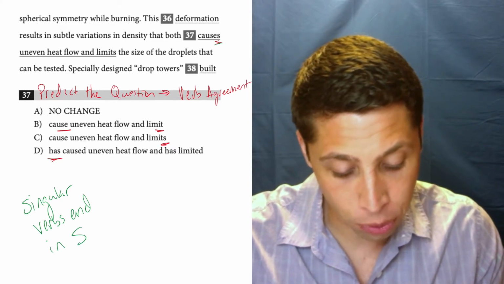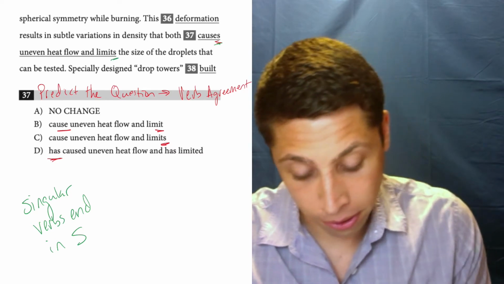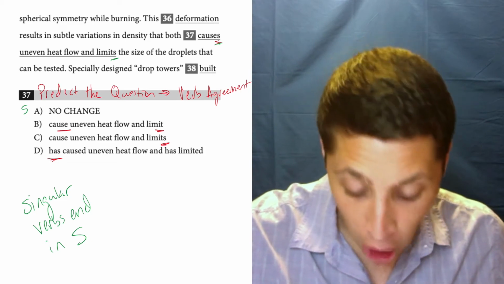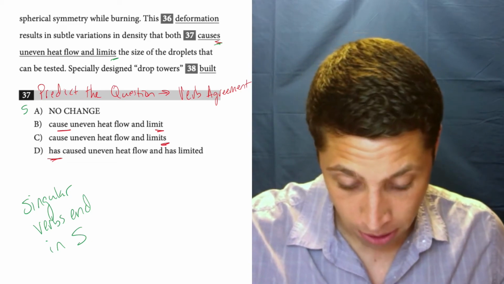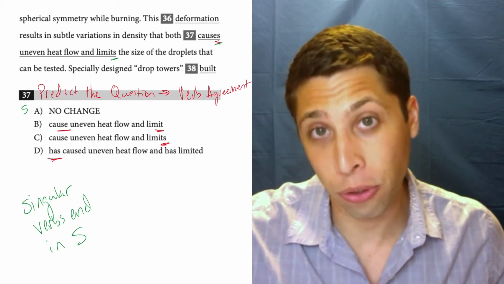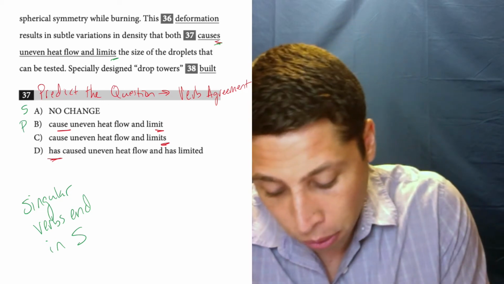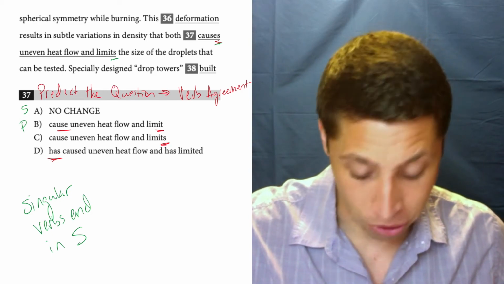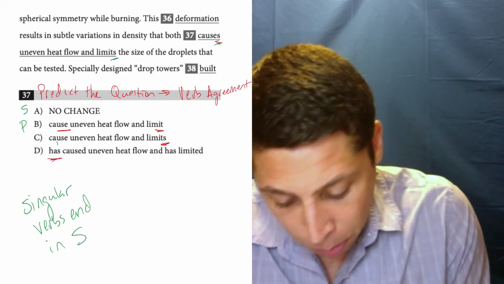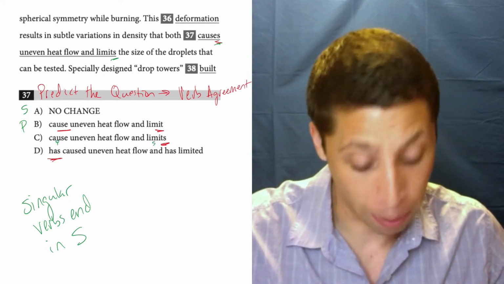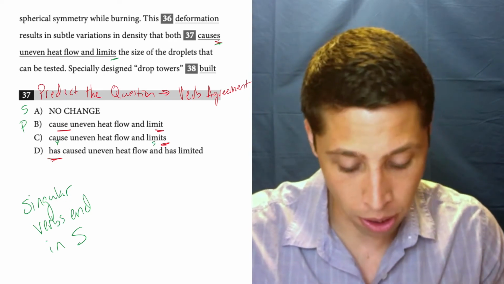So why is that important? Well, that means that choice A is singular. So let's put that there, right? We've got causes and limits. B, though, is plural. Cause and limit. Those two don't have S's, so those two are plural. C does something very bad. It mixes and matches here, right? We've got cause, which is plural, but limits, which is singular. There's no reason we would ever do that because both of those verbs are talking about the same thing.